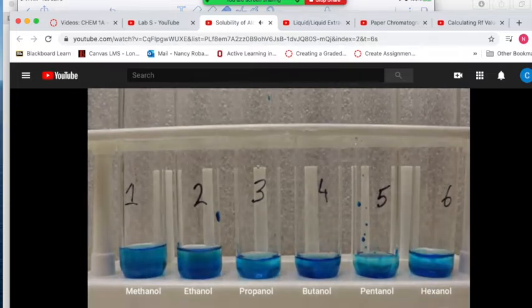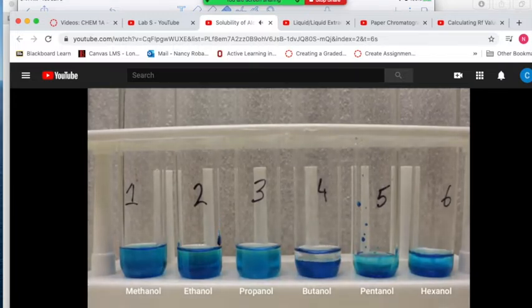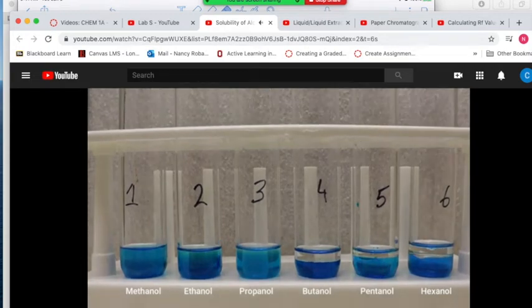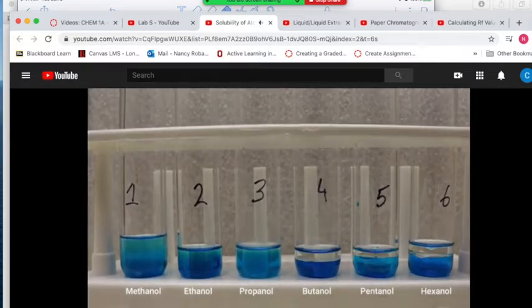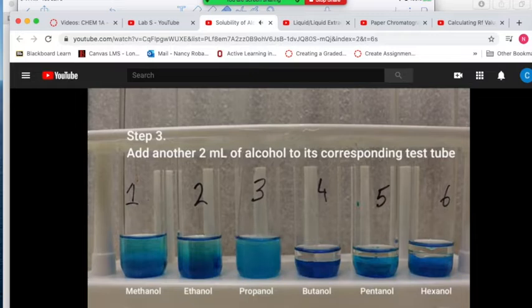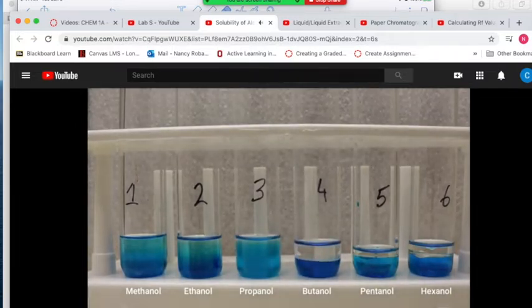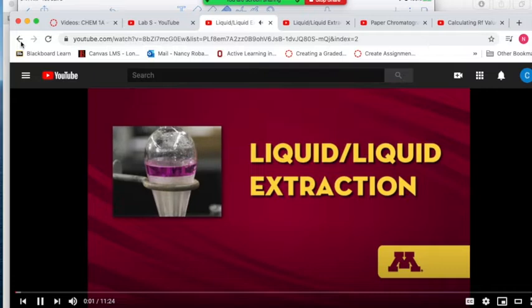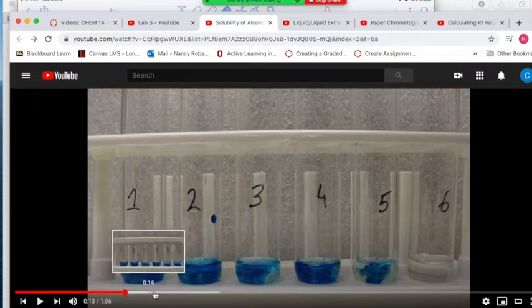Oh, and it looks like they did use methanol, even though it's highly flammable. All right, so here was our water with food coloring.